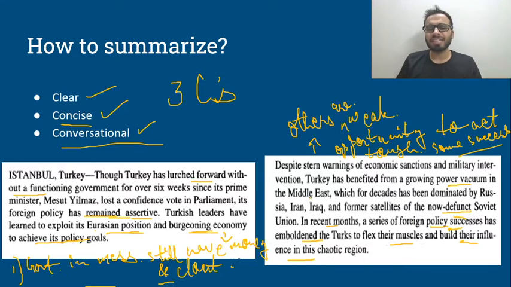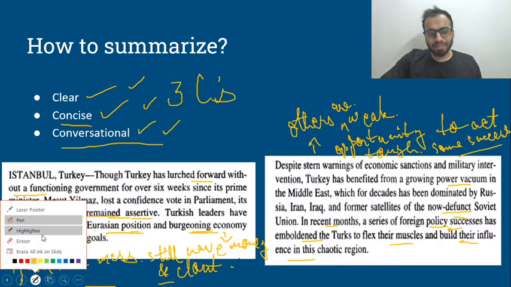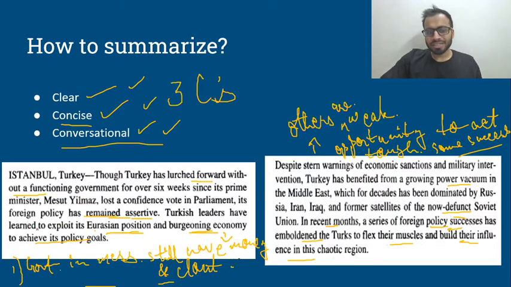You'll get paragraphs like these and every para you've got to be able to summarize it in clear, concise and conversational terms. मतलब अगर आप ये पैराग्राफ पढ़ रहे हो ना, and if you've got a sibling who is younger to you, if you've got anybody in your family who's like in class 4 or class 5, who's like 10 years old, a 10-year-old should be able to understand this.